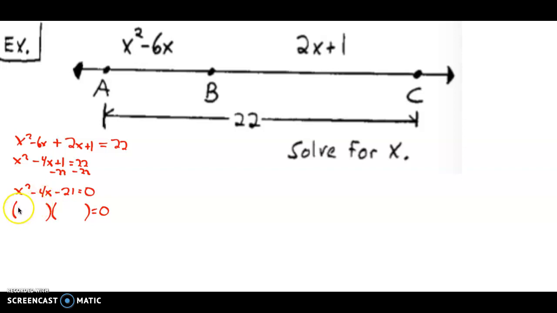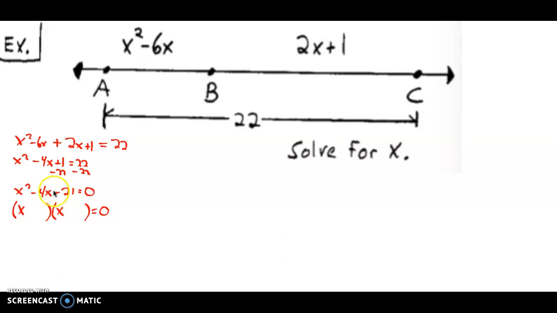Our first terms always multiply to be our first term. So two things that multiply to get x squared: x and x. Our last two numbers that go here and here multiply to be our last term. So we've got to find two numbers that multiply to be negative 21. There's only a couple of options.